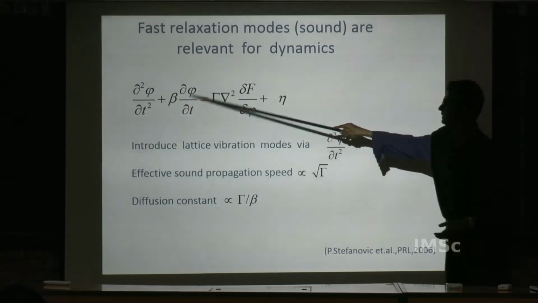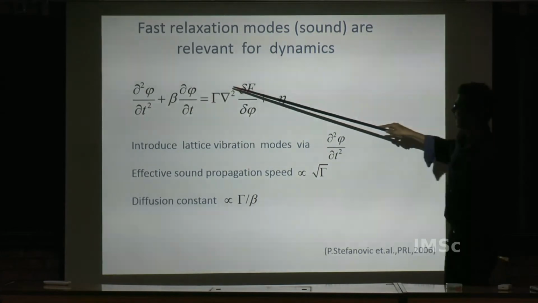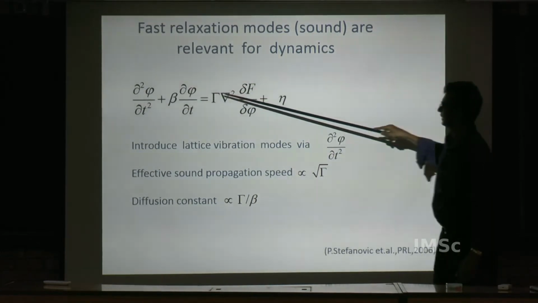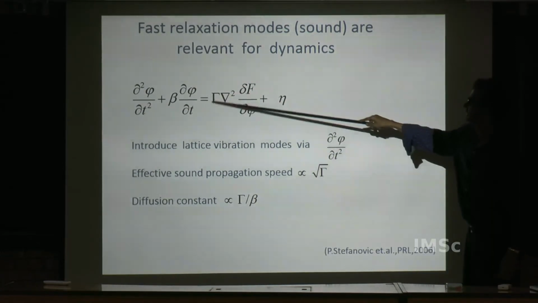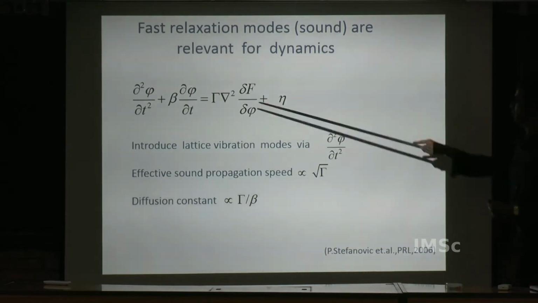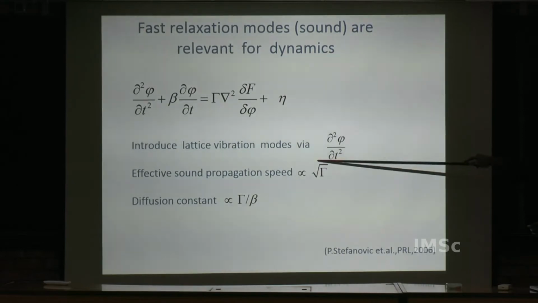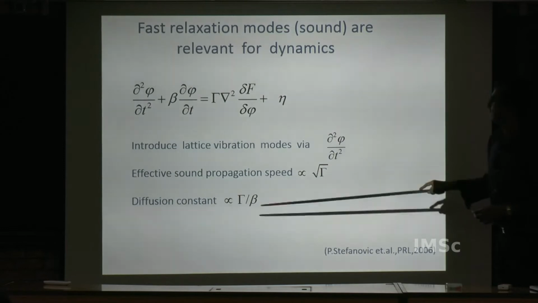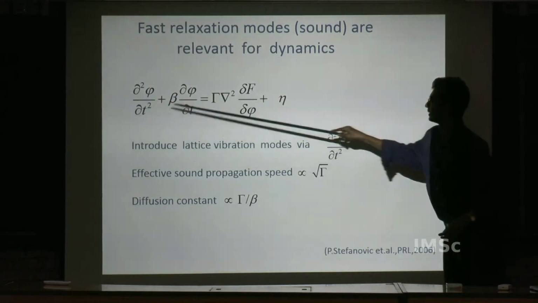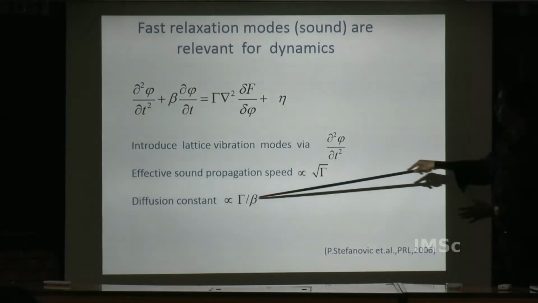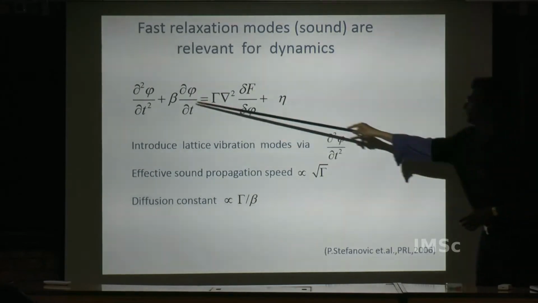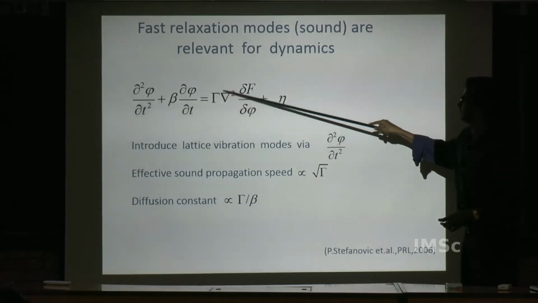And then you have a double derivative in time, and this is in space. So this object will be the sound velocity squared. From that one can argue, actually one can show, that this will be proportional to the sound speed, and similarly if you do not have that term, these two terms together will give you the diffusive dynamics. You can take beta here, and that will be the diffusion constant.